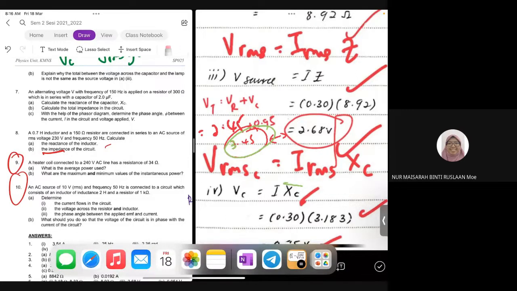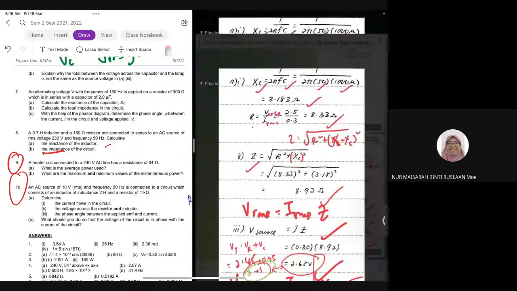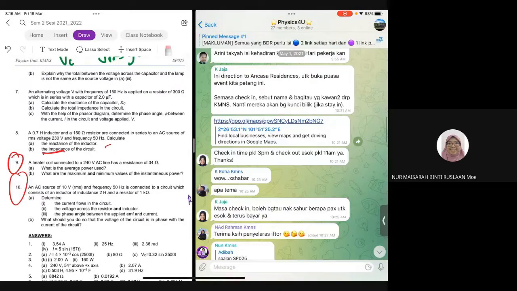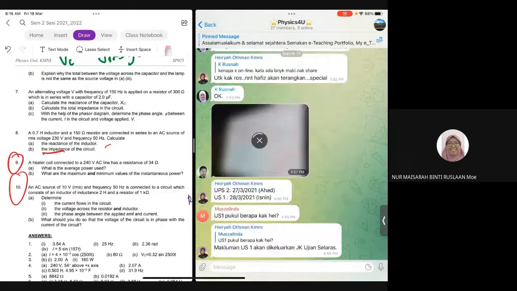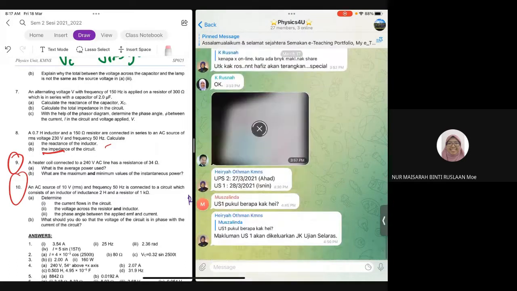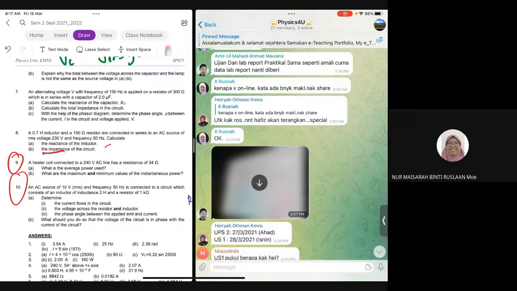So kita akan buat, dia dekat sini pula. Keluar kejap lah. Dah. Okay, ni. Mana kan. Ni. Nak buka lah pula.